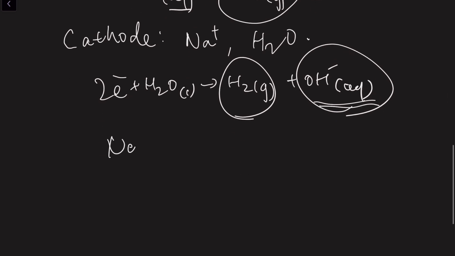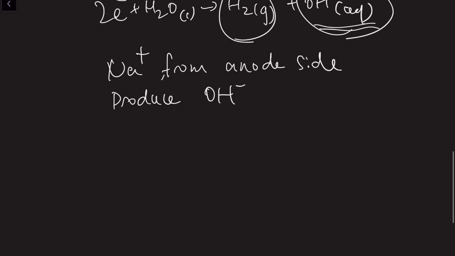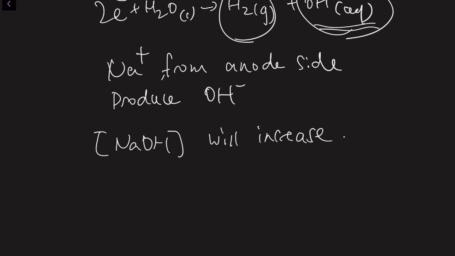So you get extra sodium ion from the anode, and you also produce the hydroxide ion. And in this way, the concentration of sodium hydroxide in the cathode side will increase. And gradually you get a very concentrated solution of sodium hydroxide, which is what you want because you also want sodium hydroxide as one of your products.